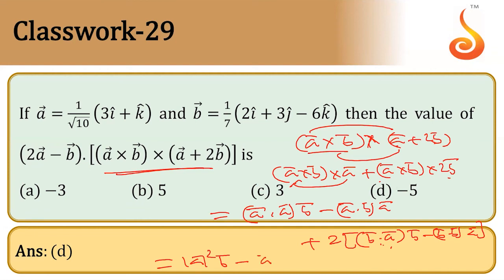So B dot B is modulus B square into A bar. And what about A dot B? They are perpendicular to each other. Let us take the A dot B value.